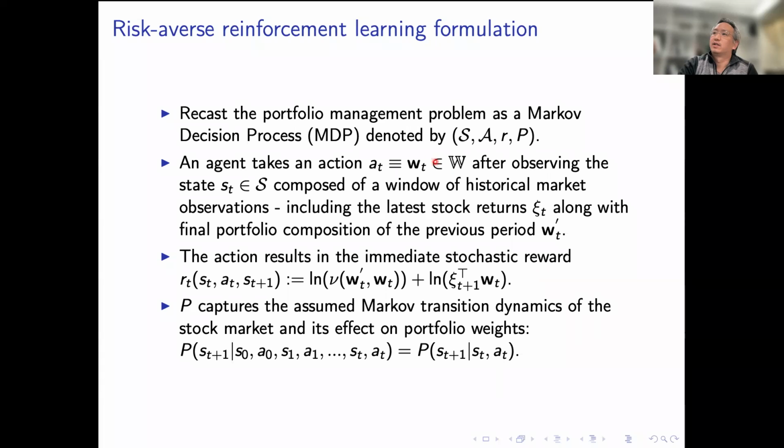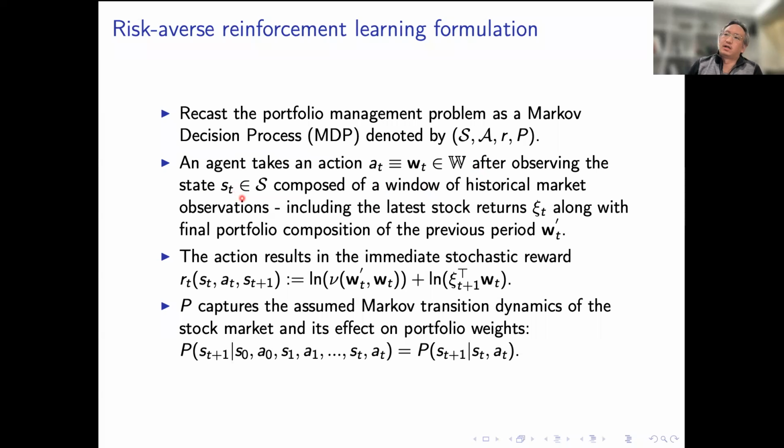So from the problem description and the mathematical model that we just spoke about, we will recast everything in terms of the elements of the Markov decision process, and the action obviously would be our wealth distribution vector WT. Which means that our action space is a continuous space, and this decision we make after we are observing the state in the market.